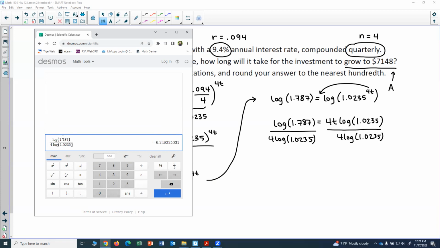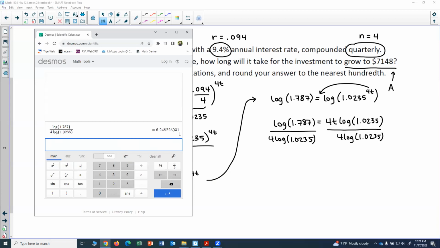Notice I haven't rounded any of the intermediate steps. I've written the entire decimal. So I get 6.248225031.